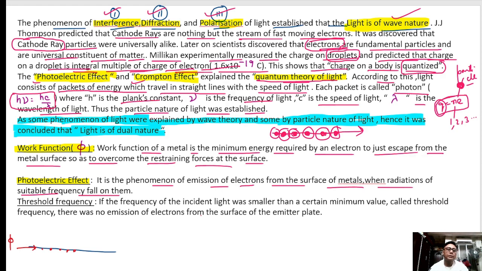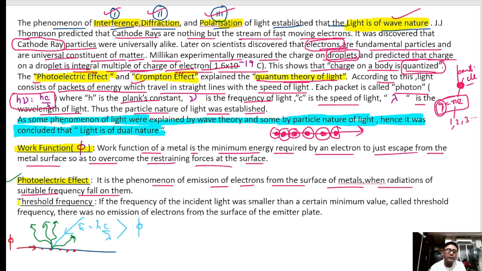Now suppose this is the energy striking the surface, h c by lambda, which is greater than the work function. So then what happens? Electrons will be emitted from the surface. These electrons will come out. So when energy greater than the work function is incident, electrons will come out, and that is called the photoelectric effect.